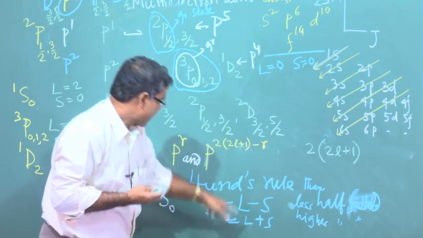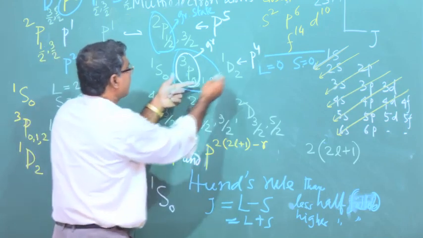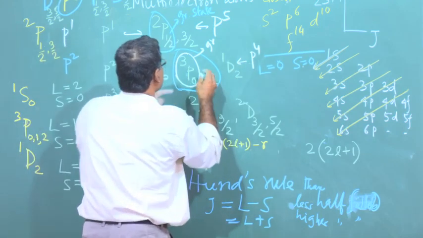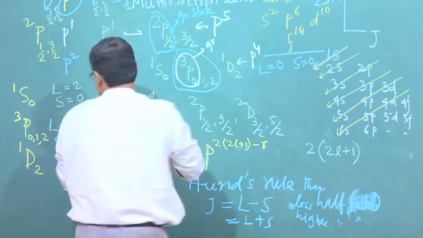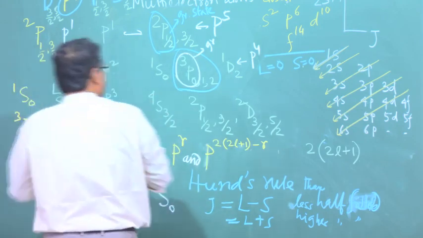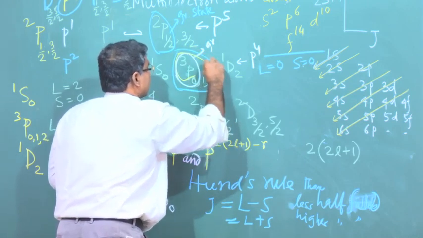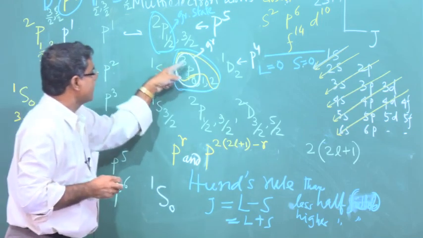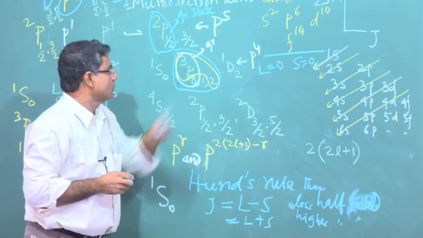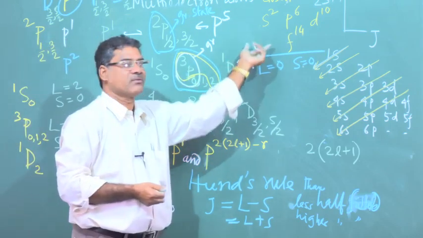So, for that, L plus S means maximum J. So, this will be the ground state for P4.